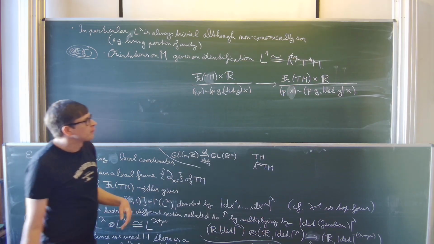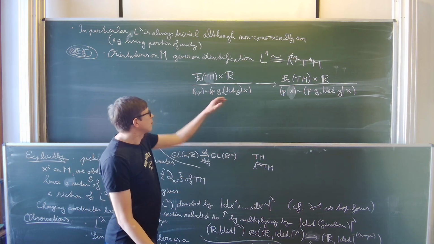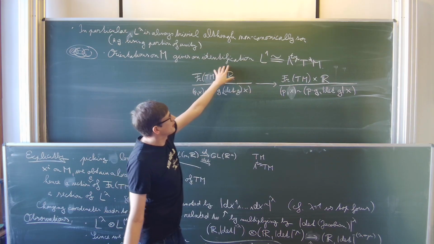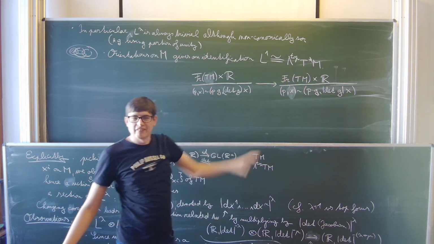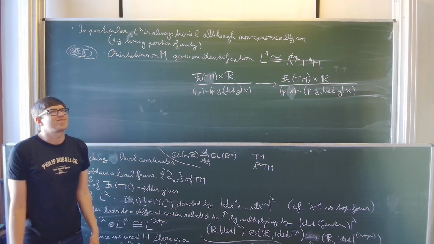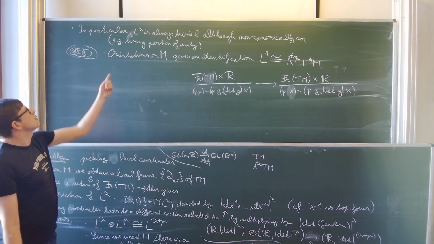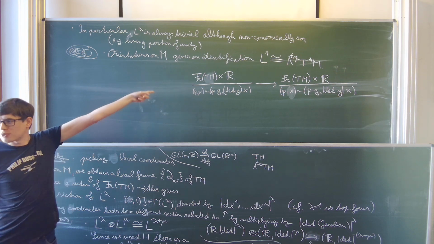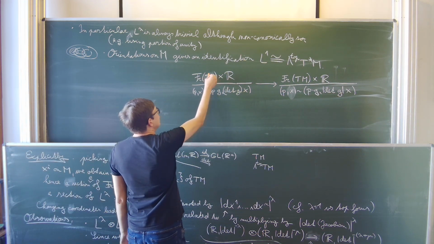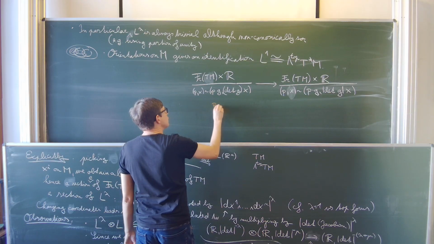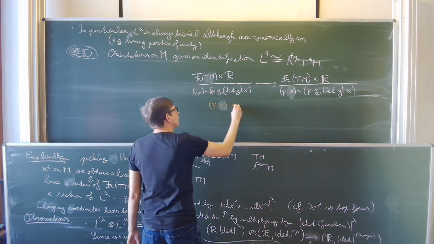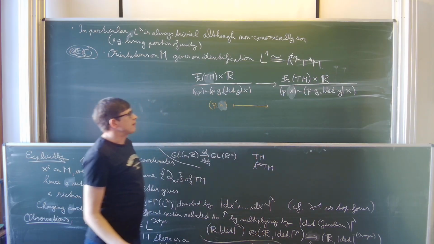It will be a map that descends from a map of the numerators. But obviously I don't want it to be an identity map, because I'm claiming that you need some orientation to make this work. So there should be something that uses an orientation. If I take an element in here, a pair P and X, I should map it to something.